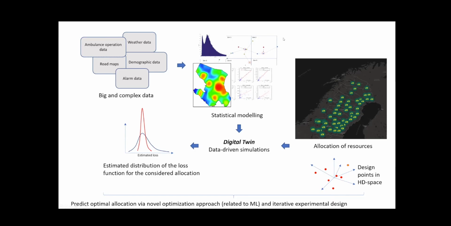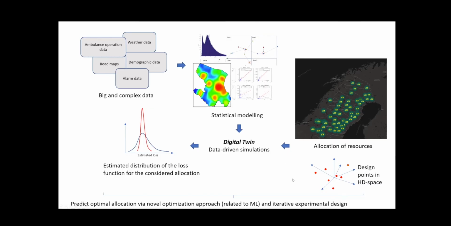So you can regard this modeling as a first step to construct a digital twin that in turn can be used to simulate realistic pre-hospital data. The input to this digital twin is that we may change our allocation of resources. We may move some ambulances, or schedule them in a different way. Given this change, we can do a simulation and look at the outcome. Generally speaking, the outcome will be some loss function that describes the quality of the pre-hospital care.